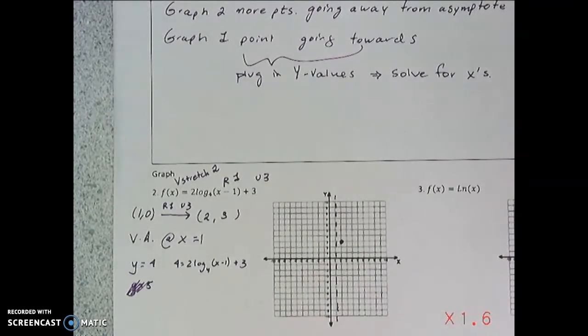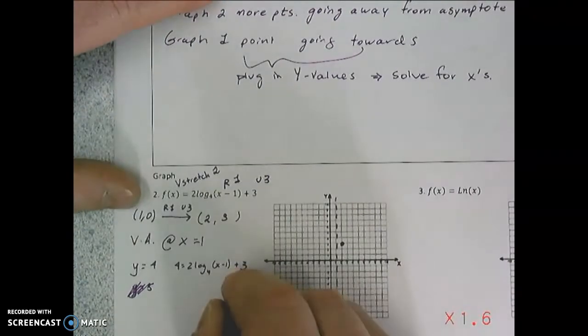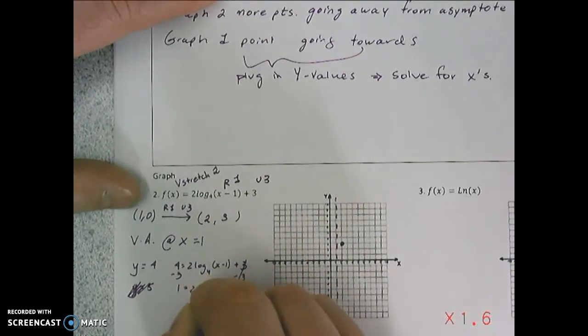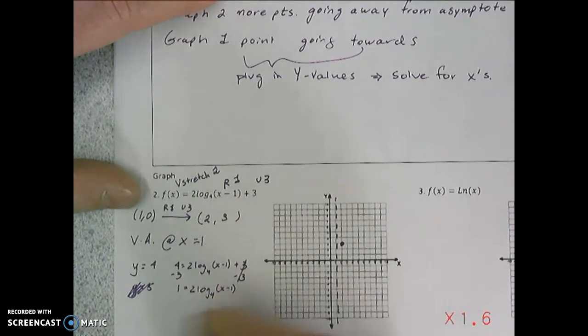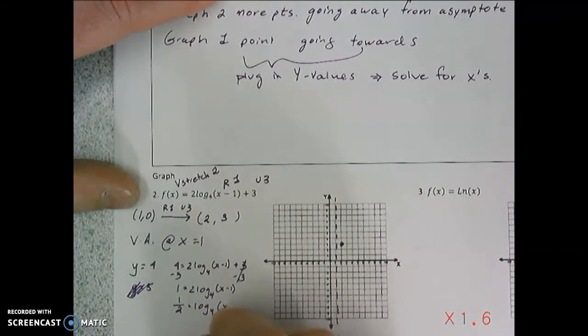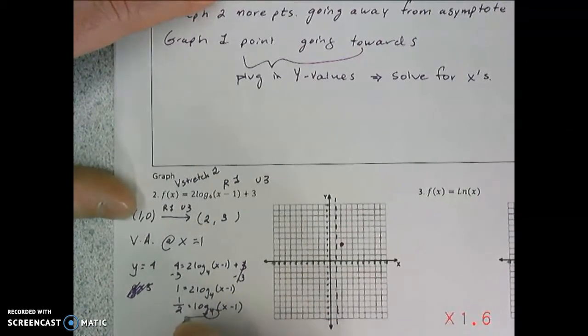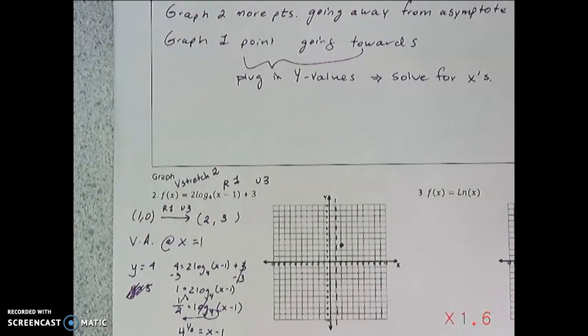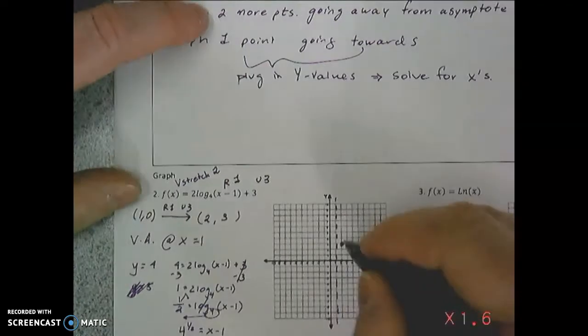We've got to get the log by itself first, so we're going to subtract 3 from both sides and divide by 2. Now we're going to slide, pop, and drop the log: 4 to the 1/2 equals x minus 1. The square root of 4 is 2, so 2 equals x minus 1, and we get x equals 3. So when y is 4, x is 3.